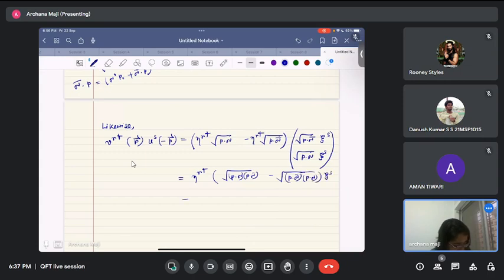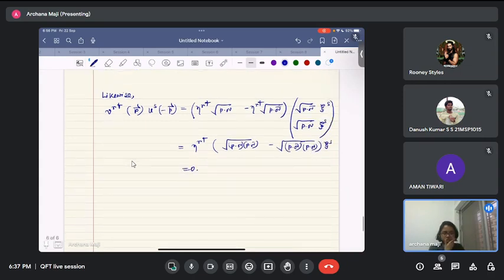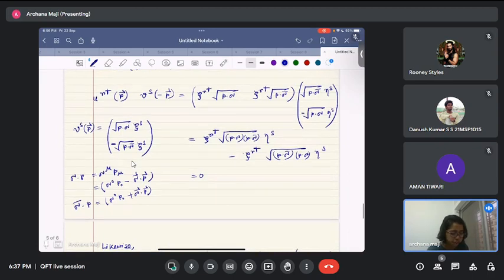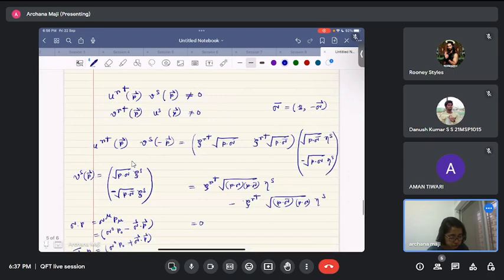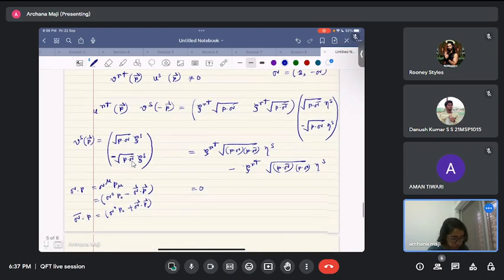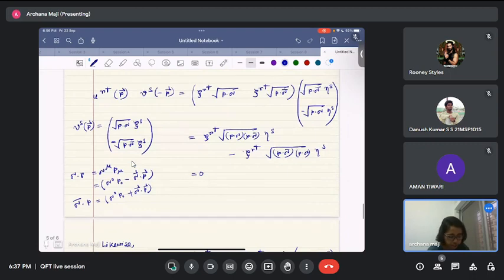So this is 0. And this will actually be useful when we derive the Hamiltonian. These two combinations will appear in our Hamiltonian, and we will put them to 0 because they actually vanish. So we have discussed all the normalization, inner products of different solutions.